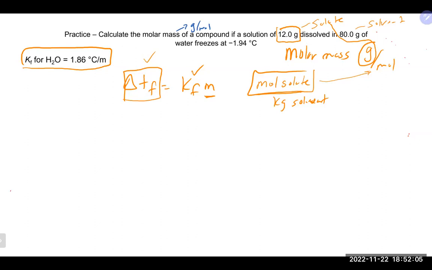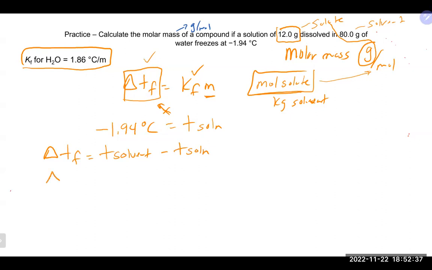So there is an important note here, which is the number that they gave us, which is this solution freezes at minus 1.94 degrees Celsius. That is actually the freezing point of the solution. That is not the change in freezing point temperature. So we do need to use our change in freezing point idea, where the temperature of the solvent minus the temperature of the solution.